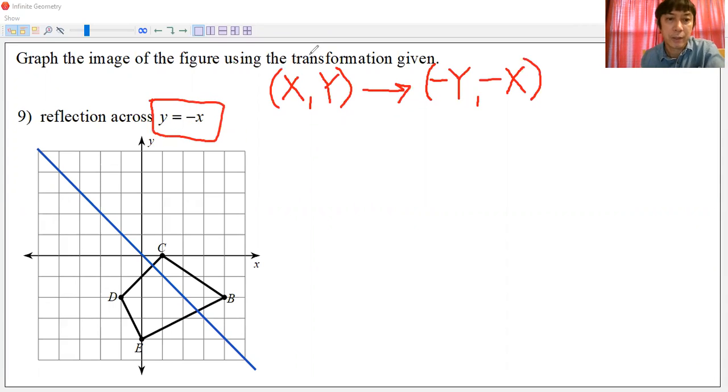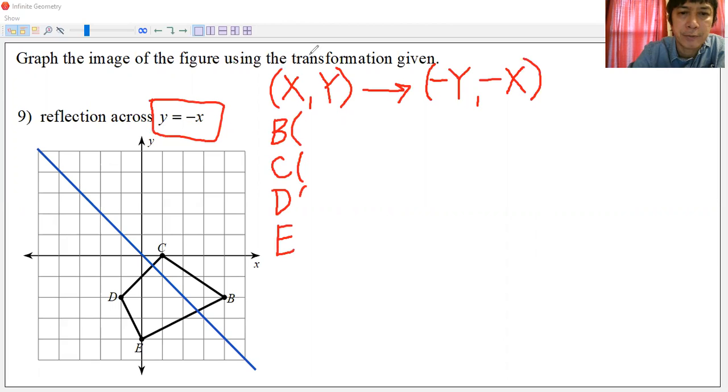Okay, all right. So let's have the coordinates of the black quadrilateral. So this will be B, C, D, E. So let's start with B, and then C, and then D, and then E. Let's gather the coordinates for these points.